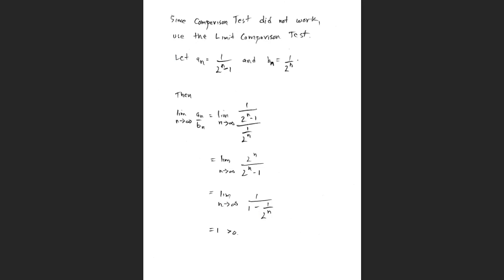So since the comparison test did not work, we're going to use the limit comparison test. What we do is we let a sub n equal 1 divided by 2 to the nth power minus 1, and b sub n will be just 1 over 2 to the nth power.